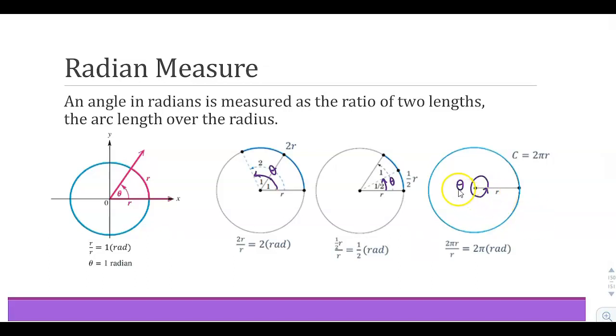So we need the arc length, which is just the circumference of the circle. The circumference is 2 pi r, and we take the circumference over the radius. So 2 pi r over r, the r's cancel, and we get exactly 2 pi radians as the measure of the angle that makes 1 complete revolution.